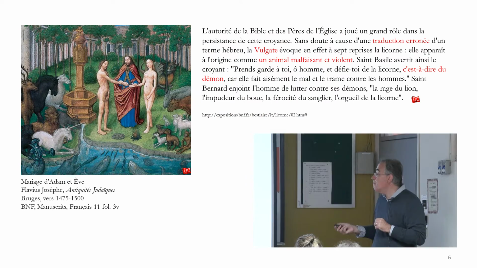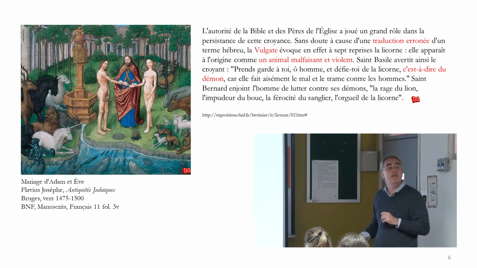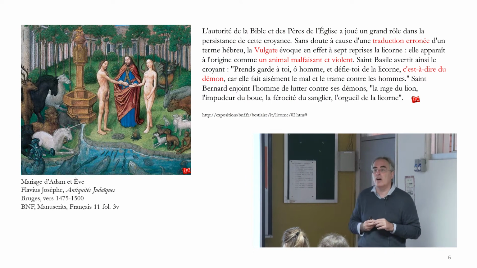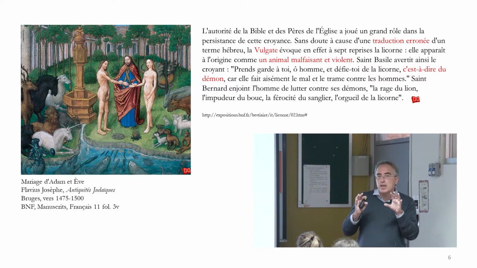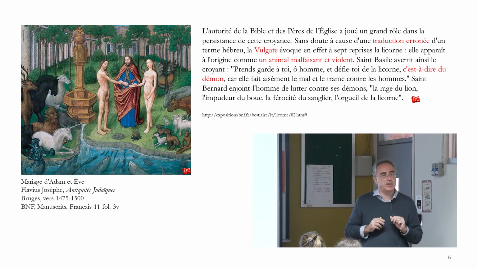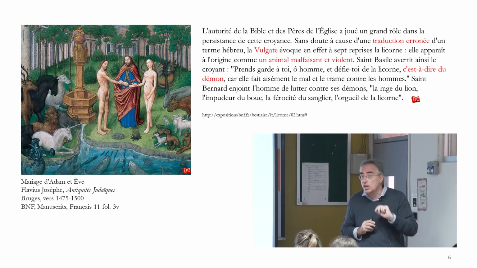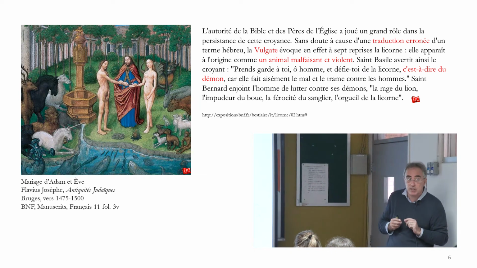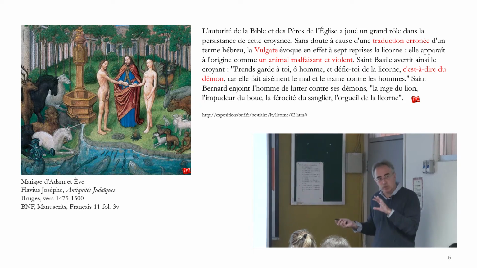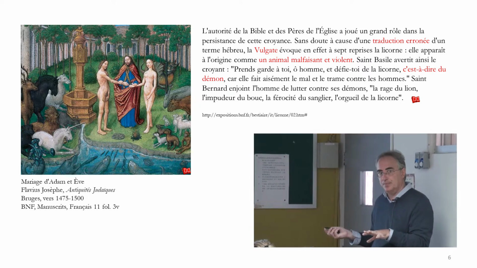It is in fact compared to a demon by early Christian fathers. So the image that early Christians had of the unicorn was closer to the one of danger that you yourselves mentioned a bit earlier. However, this was not going to stay.